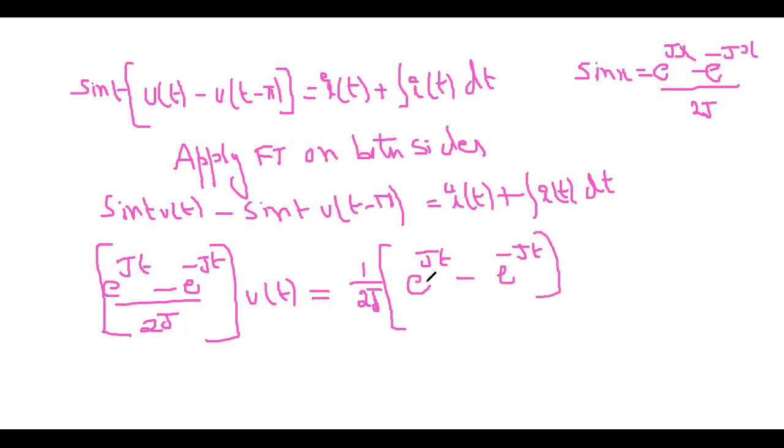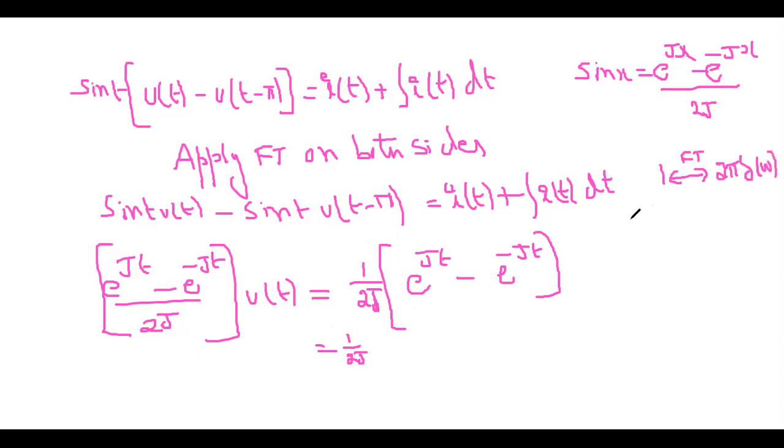Apply the Fourier transformation. 1 by 2 into e power jt, my dear students. Or otherwise, without any confusion, you can find it. We know the Fourier transformation of 1 is 2 pi delta omega.